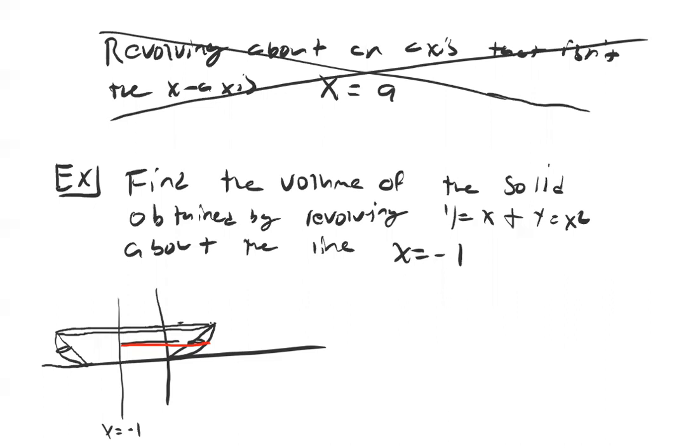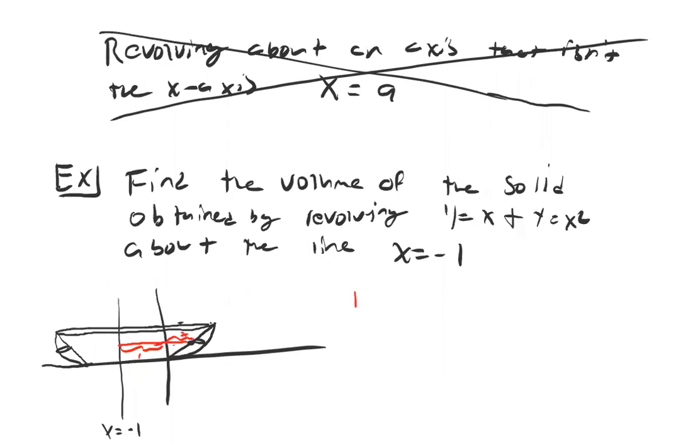So let's erase those so we can see what's happening. My straight line here is the function y equals x, and I'm interested in what the radius is. I know this distance from here to here is 1. I know this distance from here to here is x.